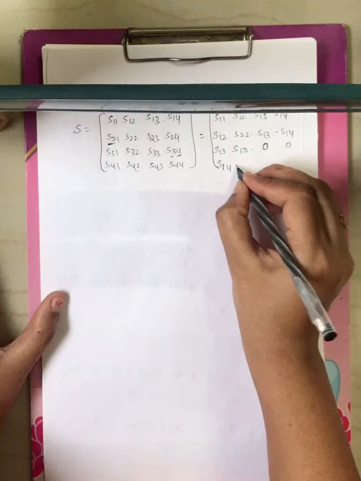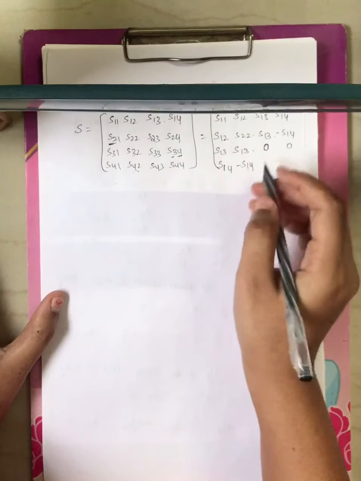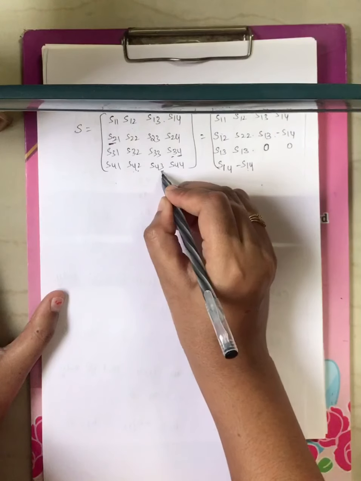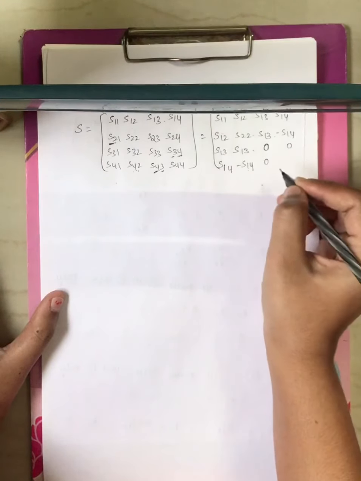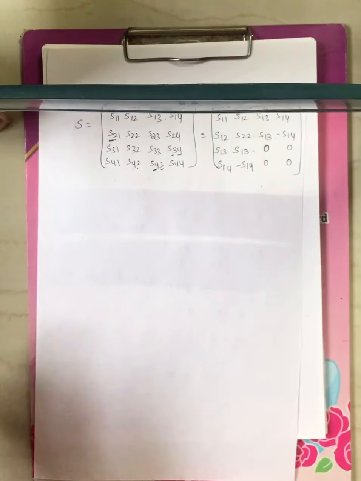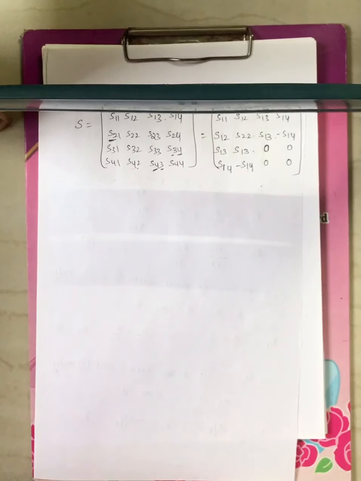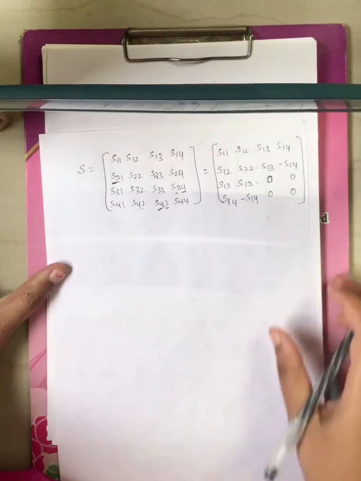Both properties result in S42 equals minus S14. If I give input power from port 3, you won't get any output power from port 4. That's why S43 is also 0, and port 4 is perfectly matched, so S44 is also 0. Now this is your final S matrix after substituting all S values.